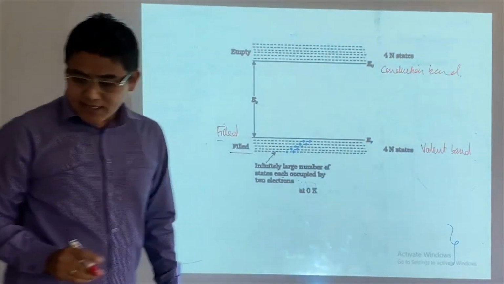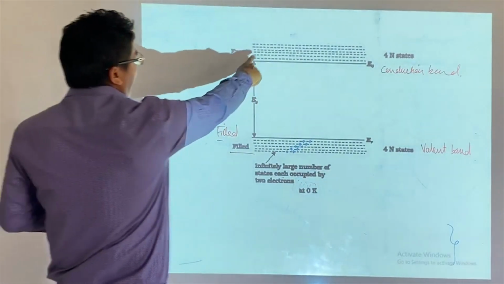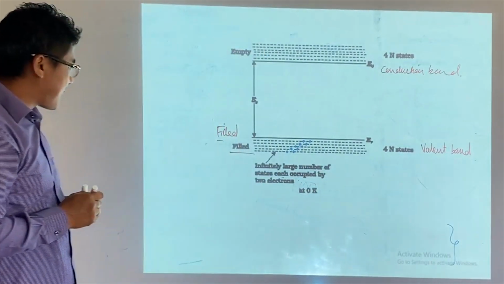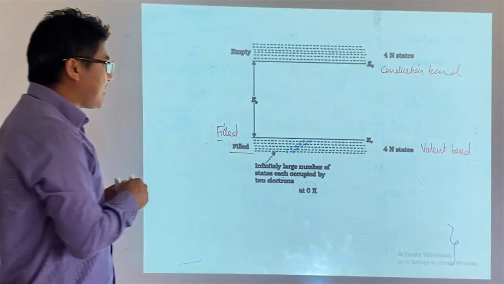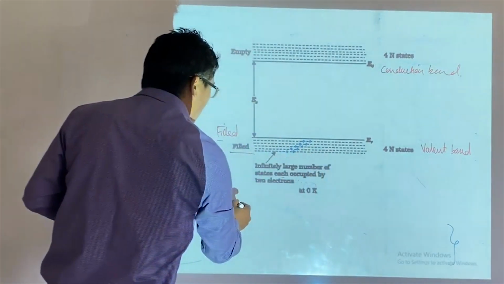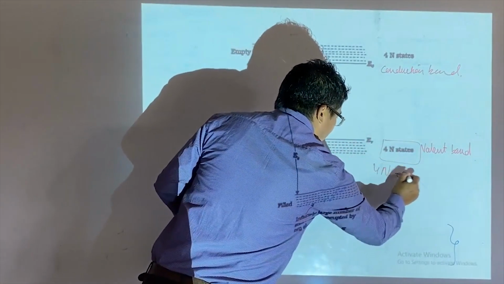The valence band is completely filled, and the conduction band is empty. The number of electrons available in the valence band is 4n electrons.